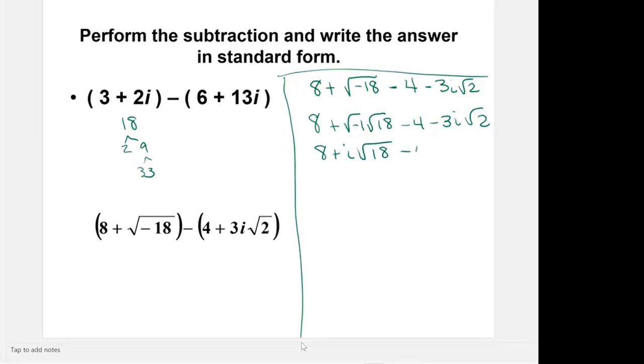So I'm going to go in a lot of different steps. The square root of 18 is the same as the square root of 2 times 3 times 3, which is really the same thing as the square root of 2 times the square root of 3 squared. So I can say this is really equal to 3 times the square root of 2. Does that make sense?